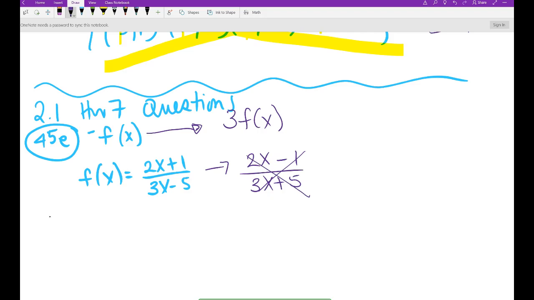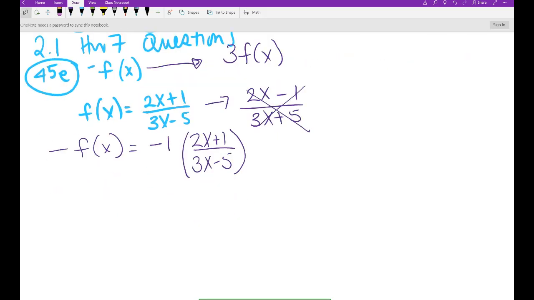So instead, I want you to train your brain to say, multiply the function by negative 1. Here's negative 1, here's my function, 2x plus 1 all over 3x minus 5. When you multiply fractions, do you multiply diagonally or across?